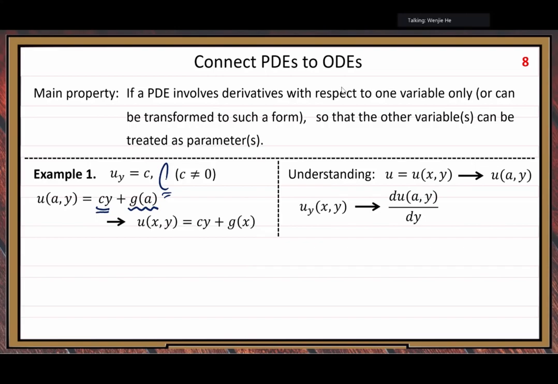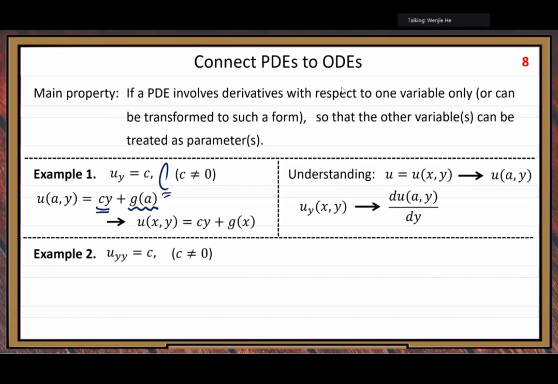All right. Example number 2, partial derivative, but second order. So this time, still with respect to y, but we need to take the partial derivative twice, equals constant.